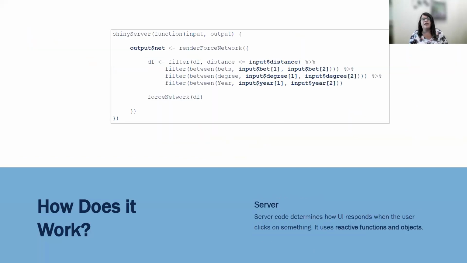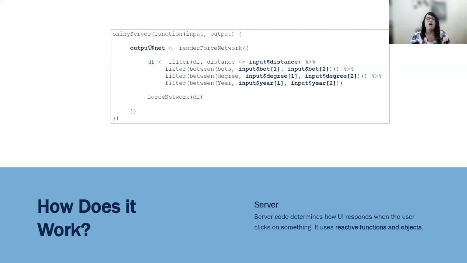So for example, this is just a small part of the server code specifically related to the network diagram itself. You can see again, we have this function that tells Shiny, okay, here's the code for the server. And every time we use this function, we also want to have a function that indicates the input and output parameters for using those input and output IDs. This is, for example, what the output ID looked like on the server side.